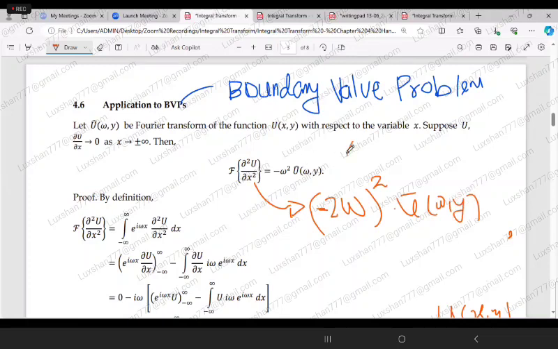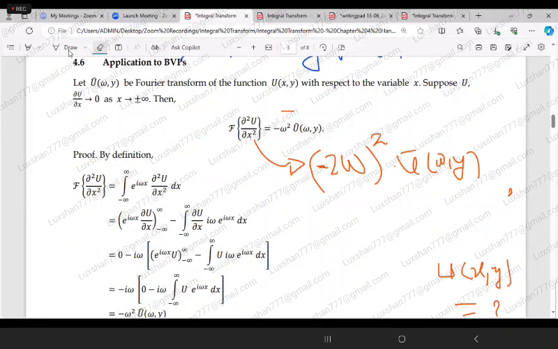So actually we know that this is i, and i squared is minus 1. So this is minus 1 squared, i squared ω squared ū(ω).